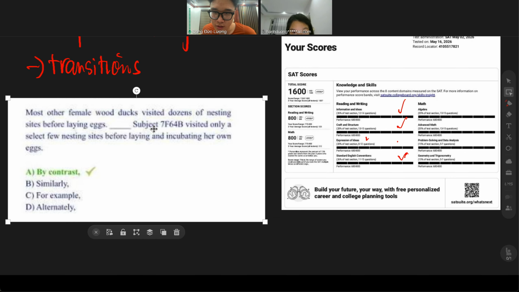So the second sentence mentions an exception to the generalization in the first sentence, right? So the right word will be by contrast. So yeah, that's the way you do the transition questions.